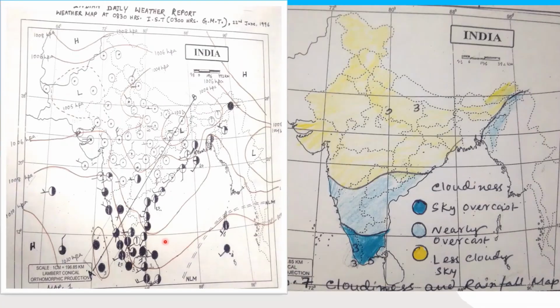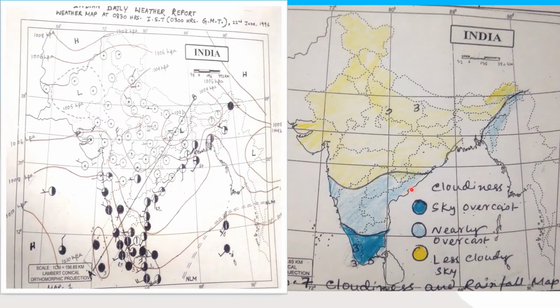In India, clear sky is found over the states of Rajasthan, Bihar, Uttar Pradesh, Himachal Pradesh, Punjab, Haryana, Jammu and Kashmir, etc. So generally the sky of northern and central India is more or less clear than the South Indian states, particularly Kerala, Tamil Nadu and Karnataka, which have maximum coverage of cloud.